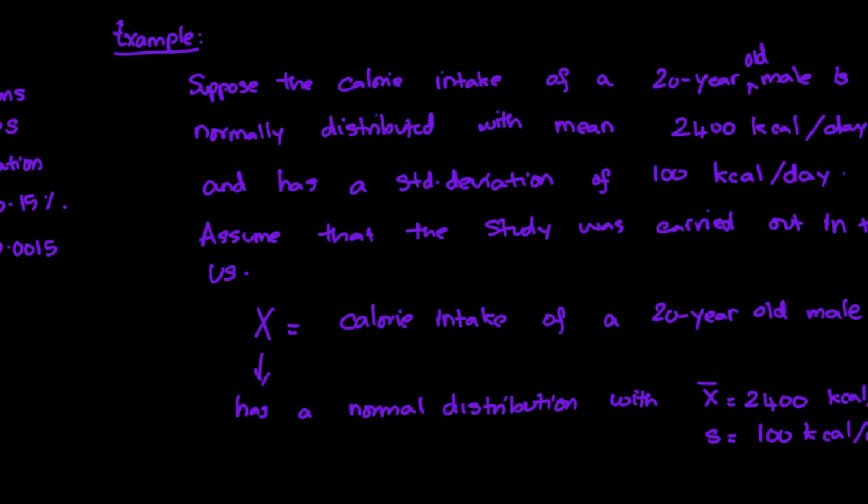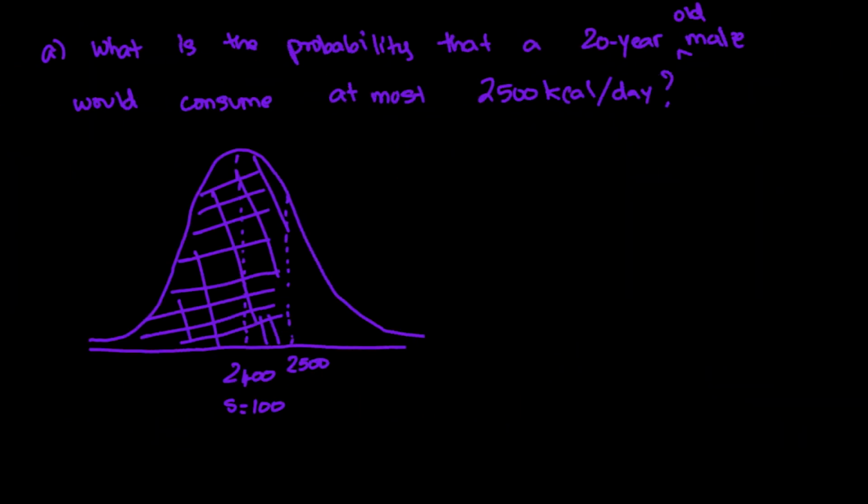So the probability of seeing an observation for x, which is the amount of calories that a 20-year-old male would consume, is x.